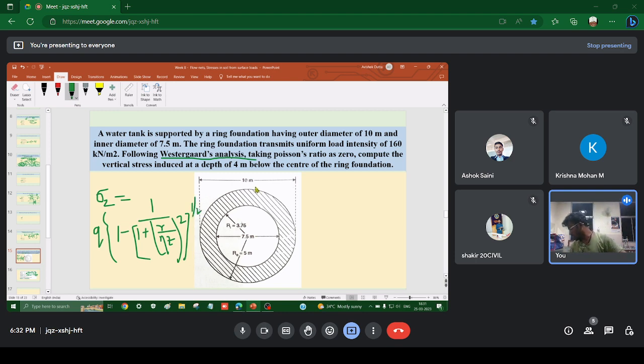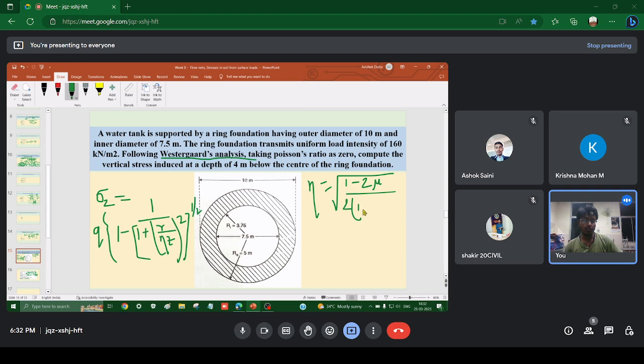Now what is the value of eta? The formula for eta is root over of 1 minus 2 mu divided by 2 into 1 minus mu.